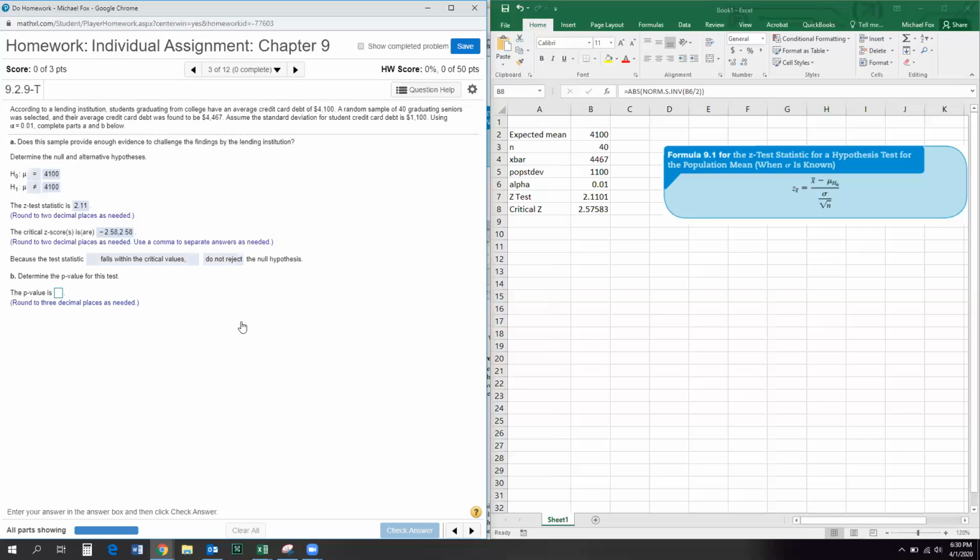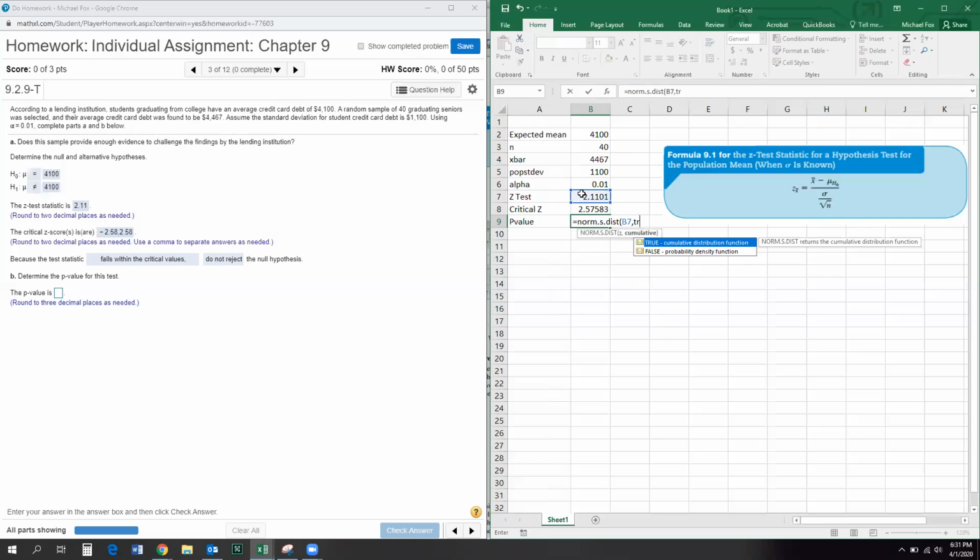The last part of it, it's going to ask me for a p-value. The p-value just means what's the probability of finding a z-test statistic that's that high. The way I do that is I have to find my p-value, I'm going to do this equals norm.s.dist. It's going to ask for my z-score, which I'm going to give it, and I'm going to say that's true.